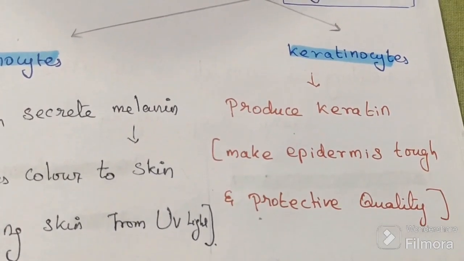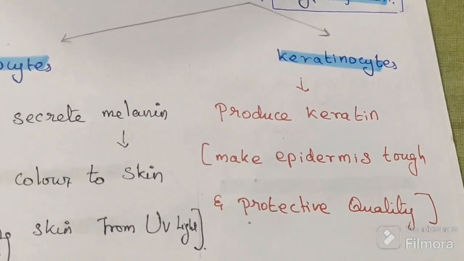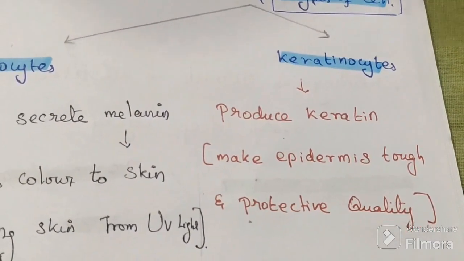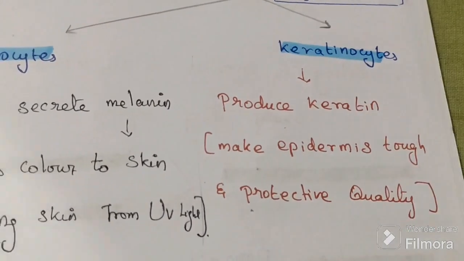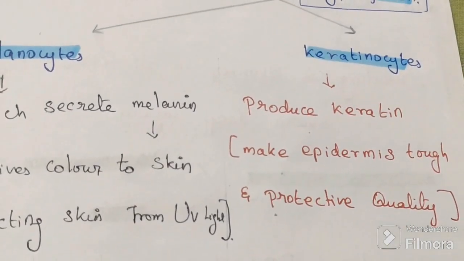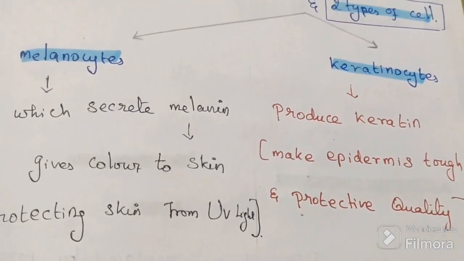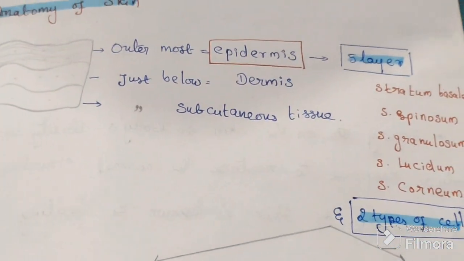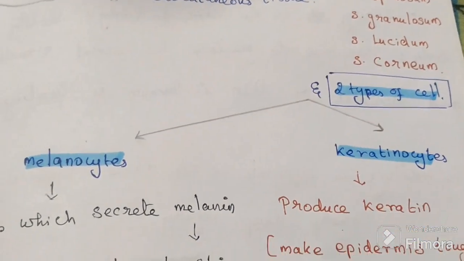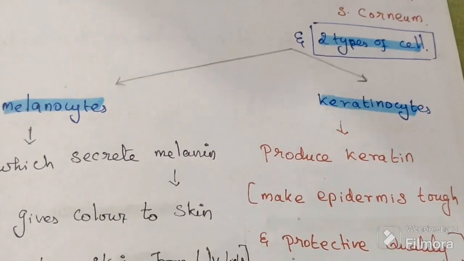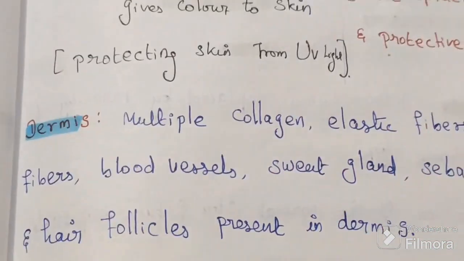Keratin is a water repellent protein that gives the epidermis its hard and protective quality. So those are the two types of cells, melanocytes and keratinocytes, present in the five thin layers.